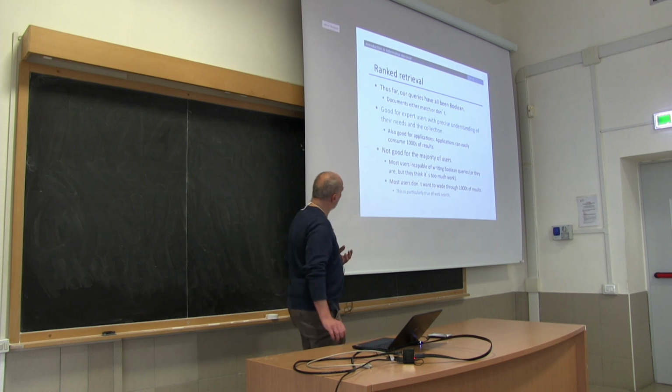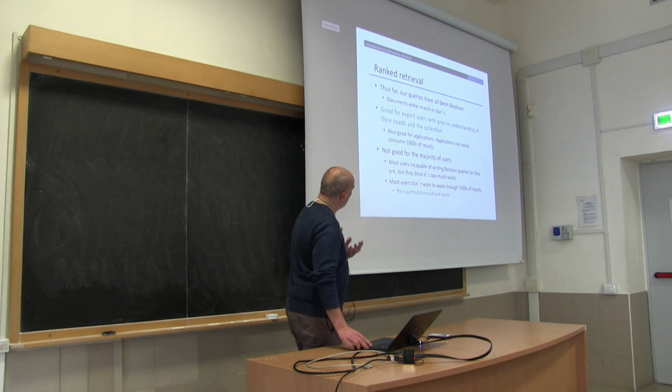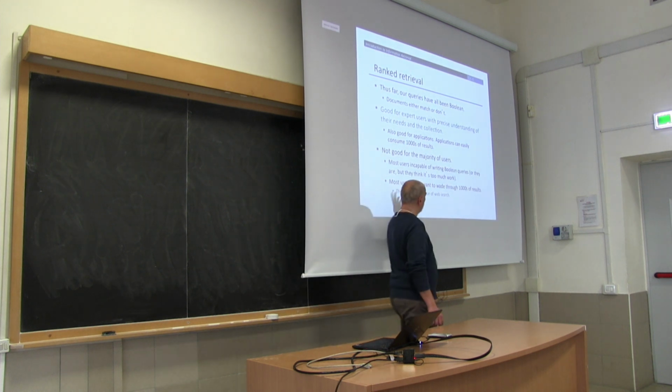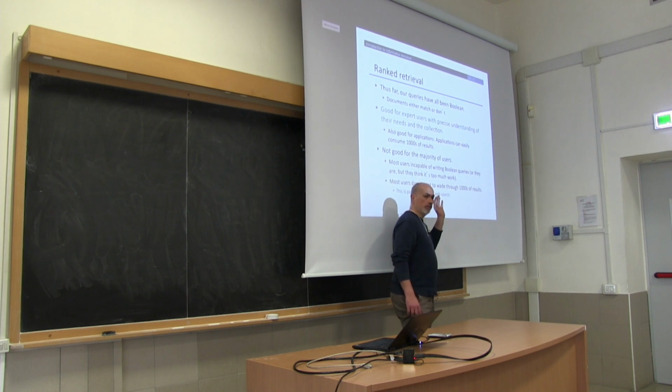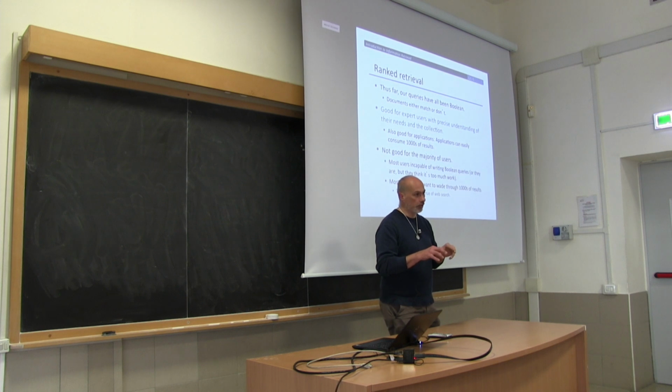Now, another issue for going beyond Boolean retrieval is that very often you don't want to have users write Boolean queries. I mean, you can do it. Even on Google, you can write Boolean queries using and or.